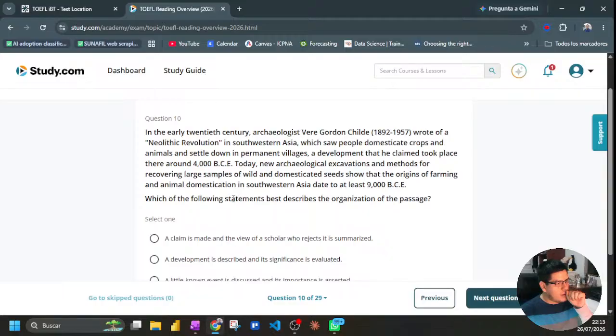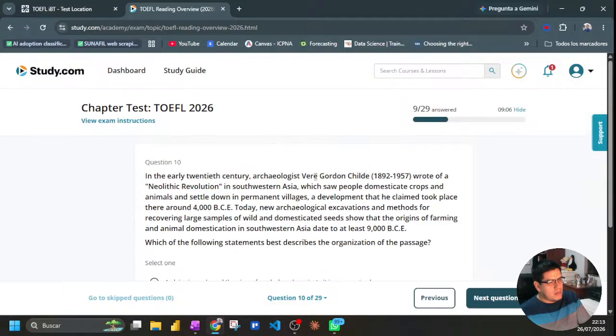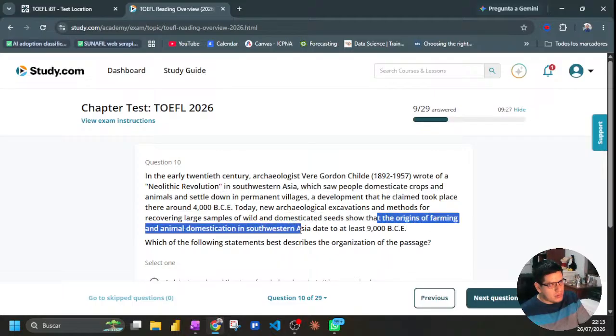Which of the following statements best describes the organization of the passage? Well, in the early 20th century, Gordon Childe's Neolithic Revolution showed that the origins of farming and animal domestication were in southwestern Asia.